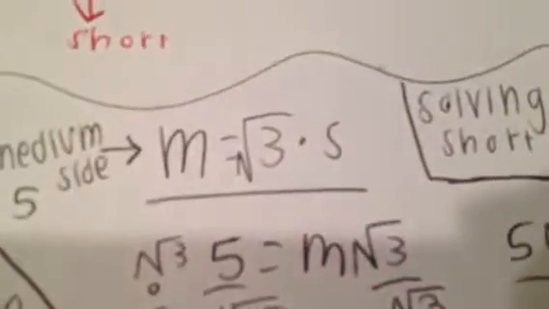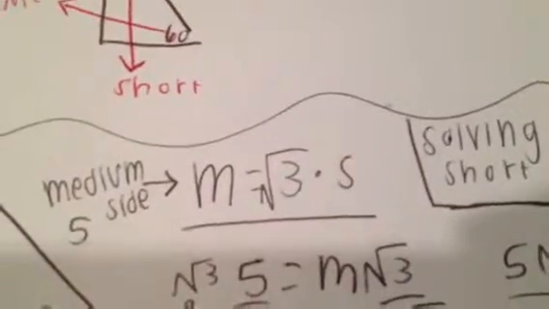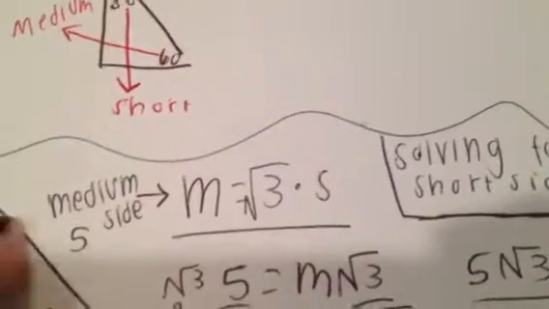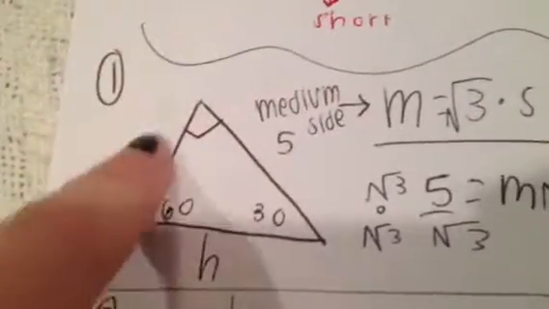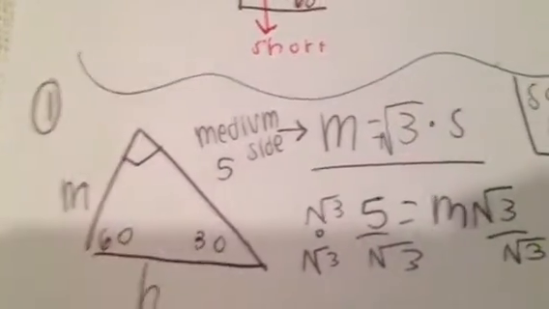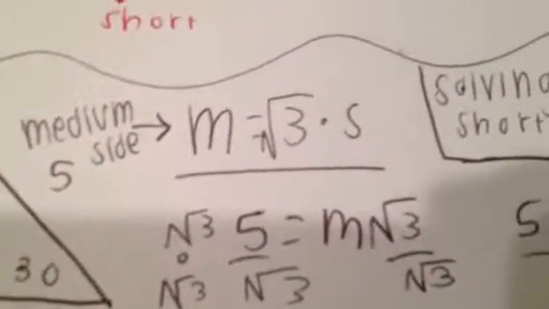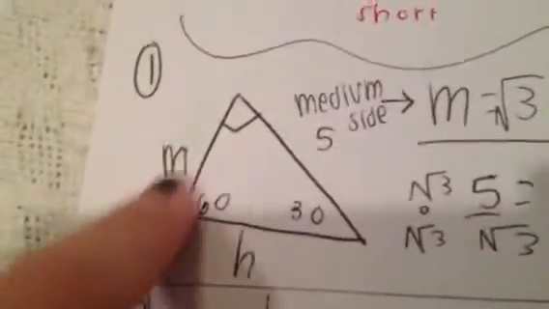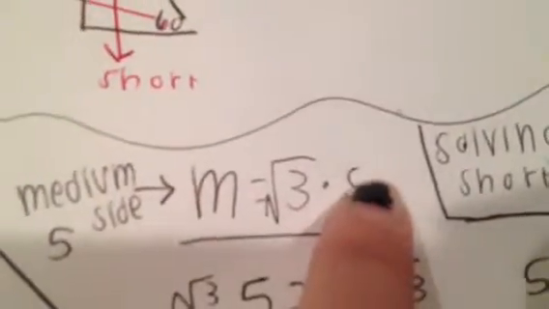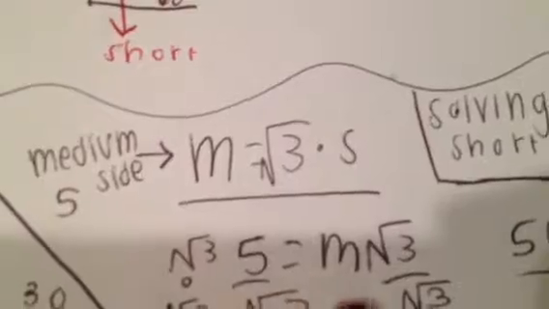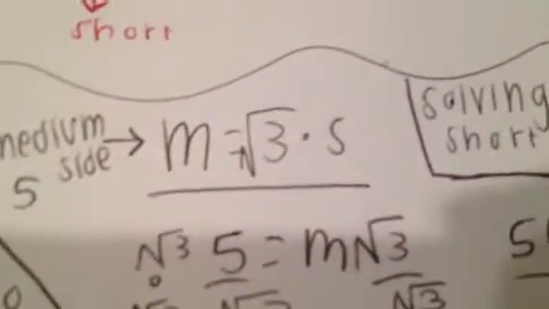Now what we're going to do is we're going to do 5, which is the medium side, right there. 5 equals side M times the square root of 3, because side M is the small side. So that would be 5 equals S times the square root of 3.